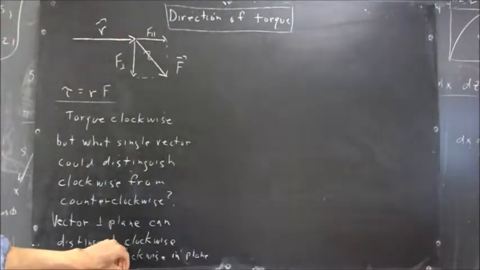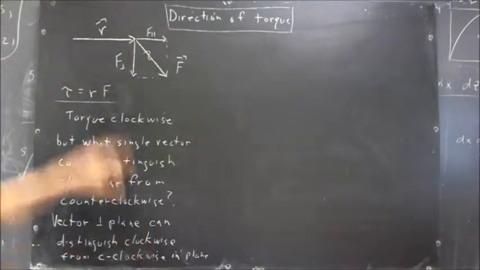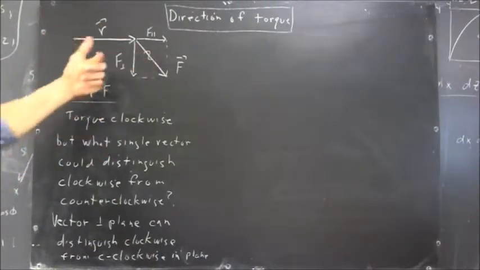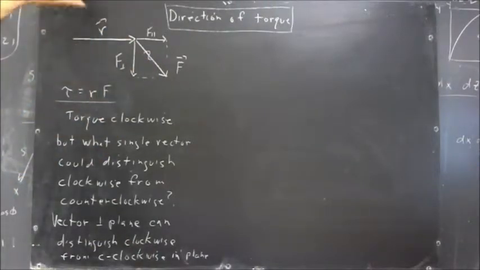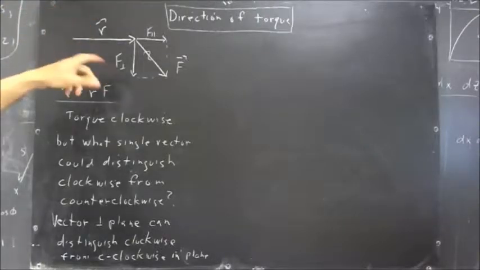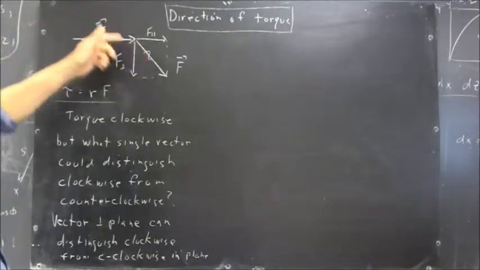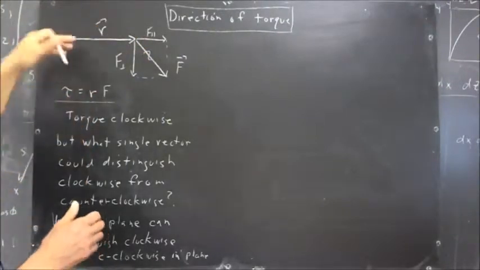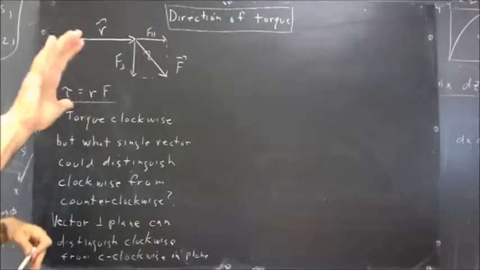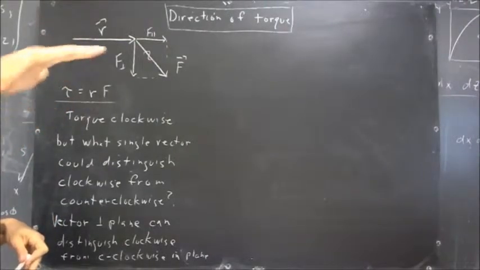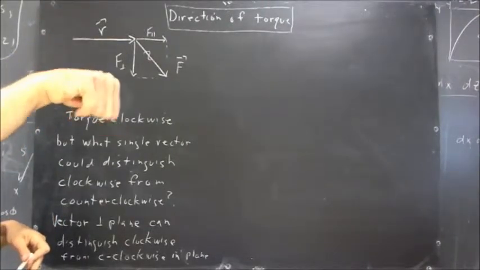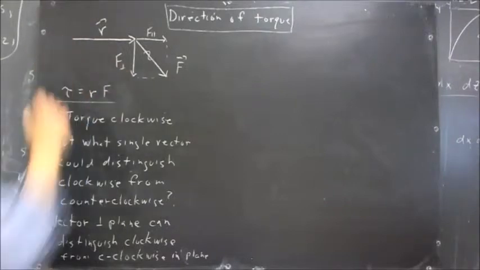So as I said a minute ago, the cross product of these vectors is in the plane perpendicular to the rotation. And the cross product of r with f, in this case, by the right-hand rule, the rotation we have here, in the direction of r, turn it towards the direction of f, the thumb goes into the board.